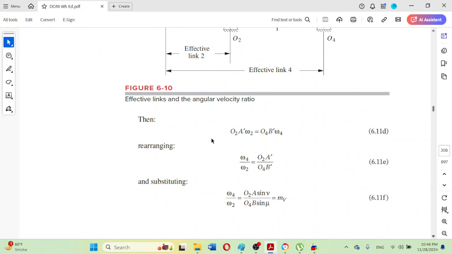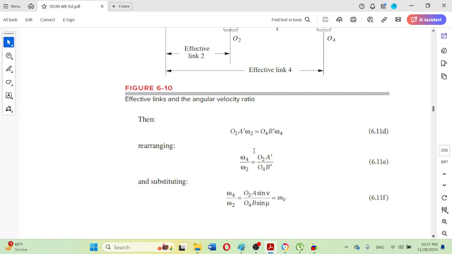Now, as we can observe from question 6.7, the author has stated the input values. So VA dash will be equal to O2A dash into omega 2, and in a similar manner the output VB dash is equal to O4B dash into omega 4.